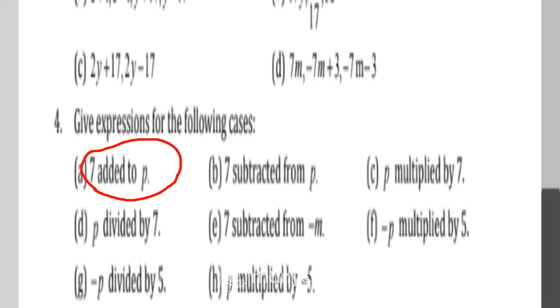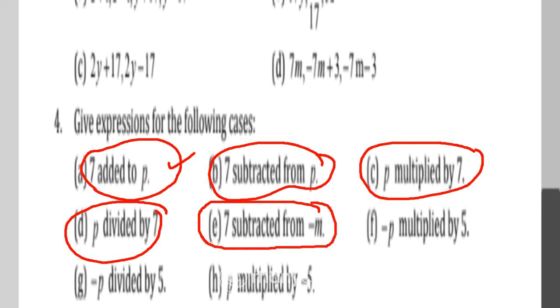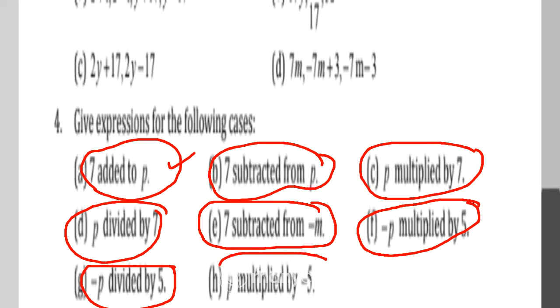It means 7 plus p. 7 subtracted from p, p multiplied by 7, p divided by 7, 7 subtracted from minus m, minus p multiplied by 5, minus p divided by 5, p multiplied by minus 5. These are the expressions.